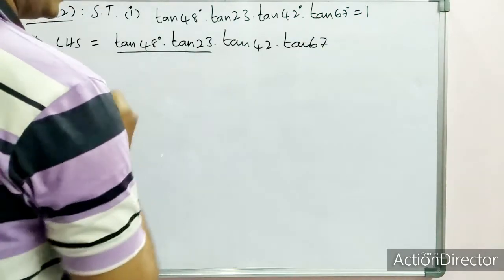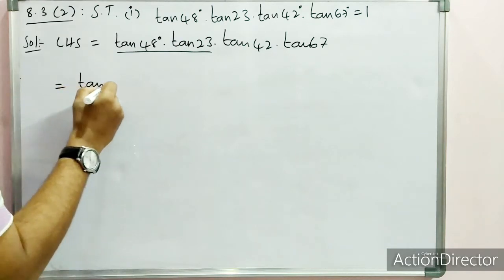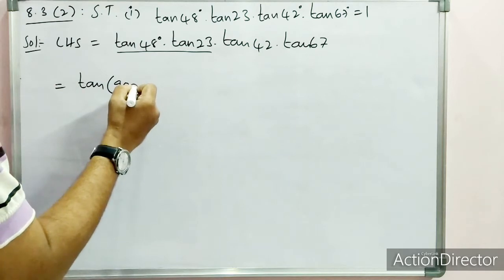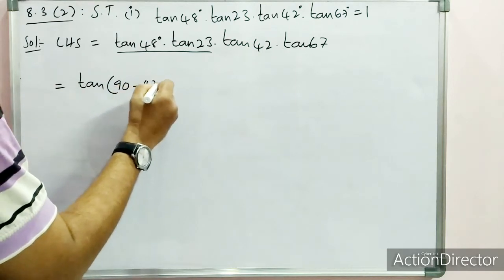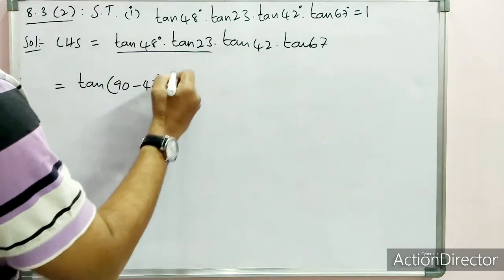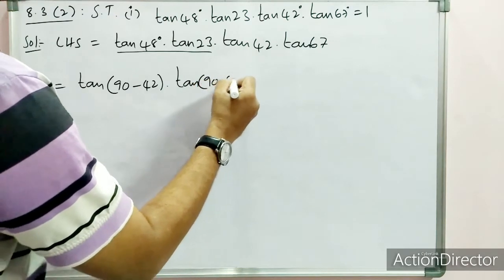You change these two angles. Therefore, first tan 48 I can write as tan 90 minus 42. You see 90 minus 42 is 48.